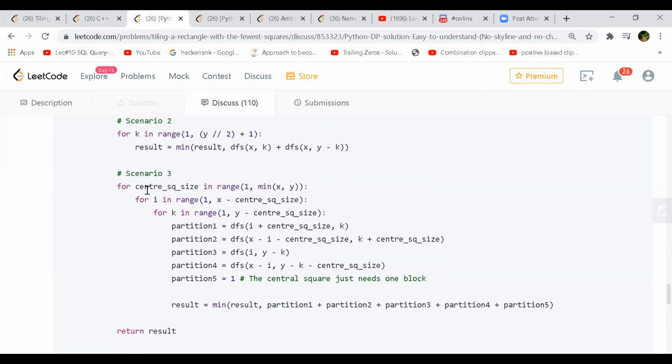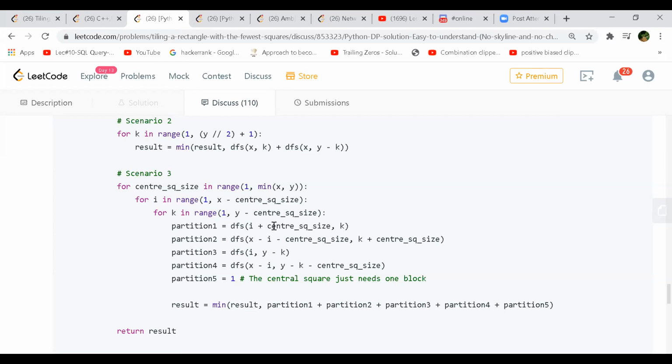What he's doing is taking the minimum of x and y, starting from 1 and taking every point as the center every time. From 1 to whichever is minimum, he subtracts that center part and gets the complement, the remaining part. And k is also running the same way.